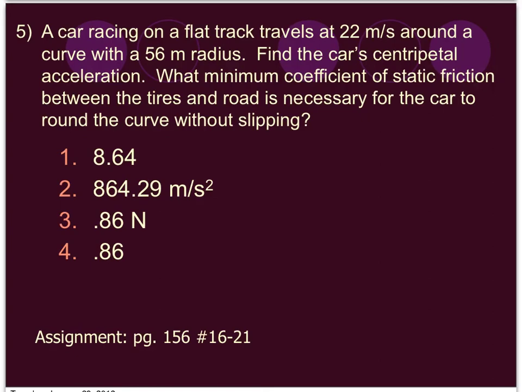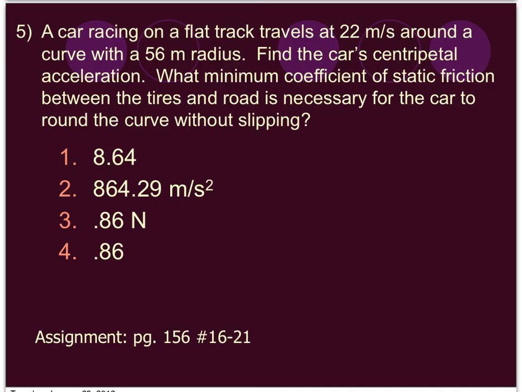Okay, in problem number 5, you have a car racing on a flat track at 22 meters per second, rounding a curve with a radius of 86 meters. Two things that we've defined here: first, the centripetal acceleration of the car, and then the minimum coefficient of static friction needed between the tires and the road so that the car does not skid out when it's turning.